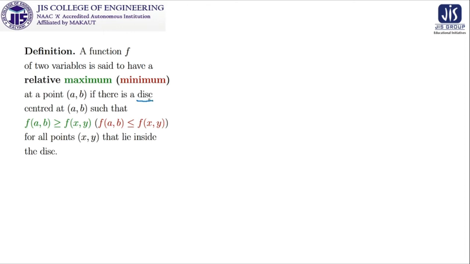In the last case we termed it an interval, but now we are considering the disk centered at (a, b) such that for all points of that disk the functional value at (a, b) is greater than or equal to all other points. For minimum it will be less than or equal to. This is the definition of relative maxima.